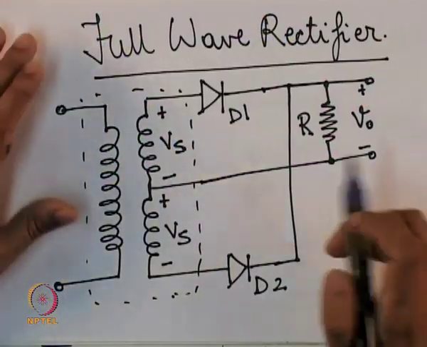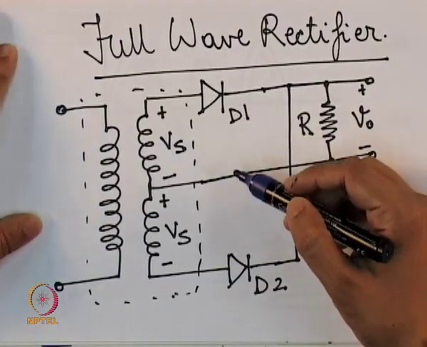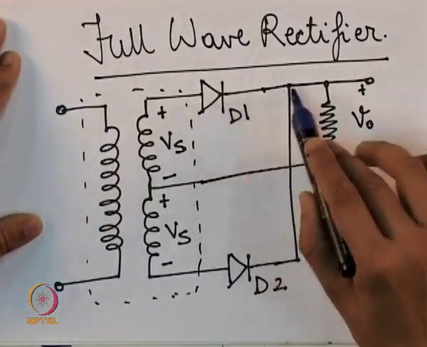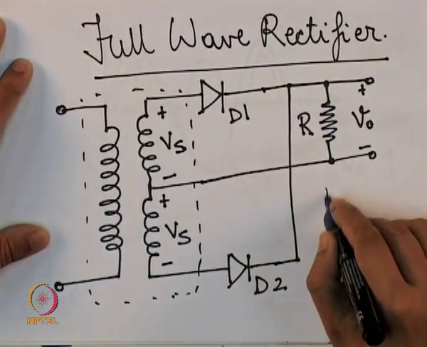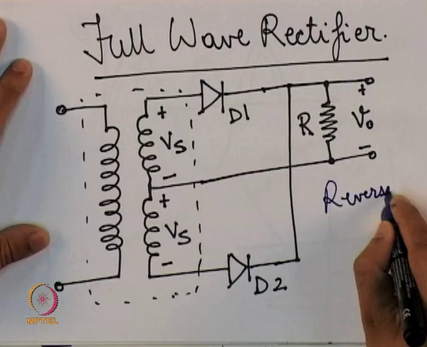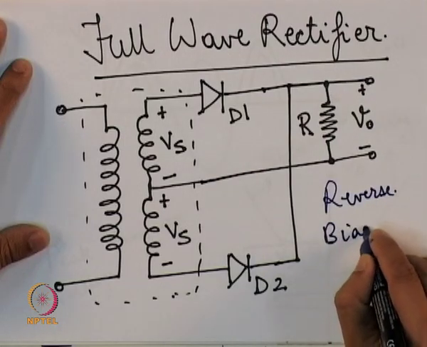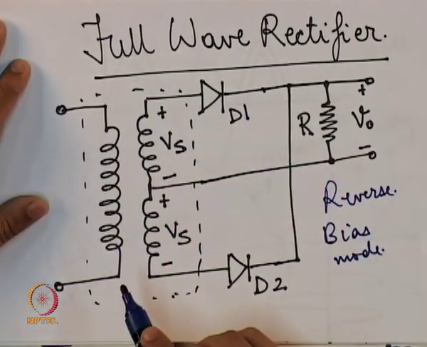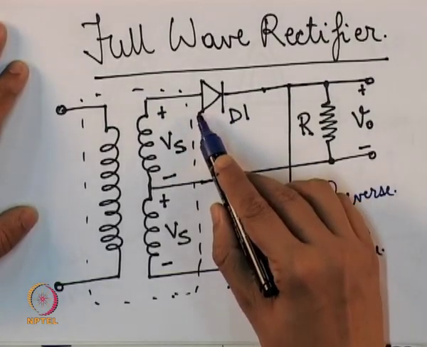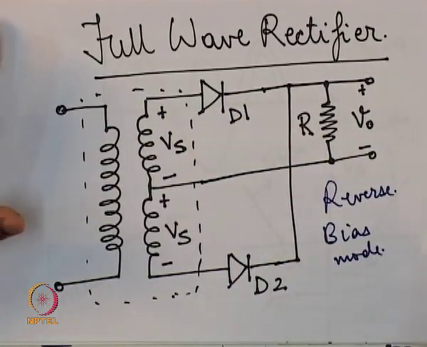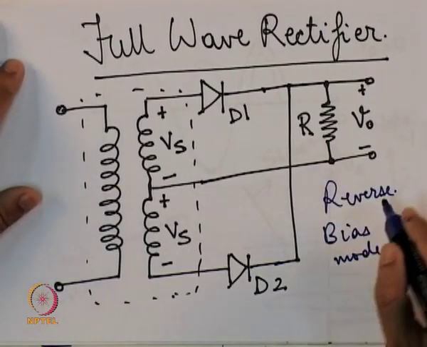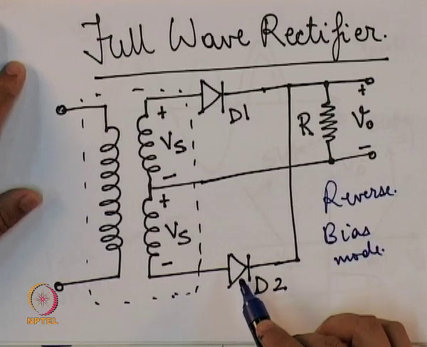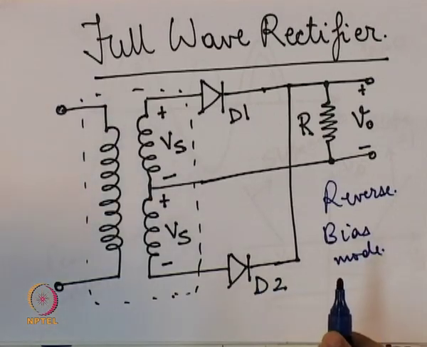the full wave rectifier, any of these diodes will experience the maximum voltage across their terminals when they are in reverse bias mode. In the forward bias mode, the diodes are conducting, therefore, the voltage drop across the diode will be the same as the threshold voltage, but it is in the reverse bias mode when the diodes face the maximum voltage across their terminals.